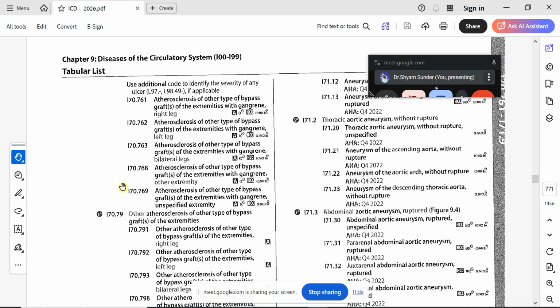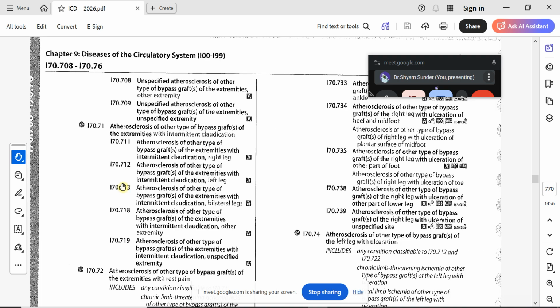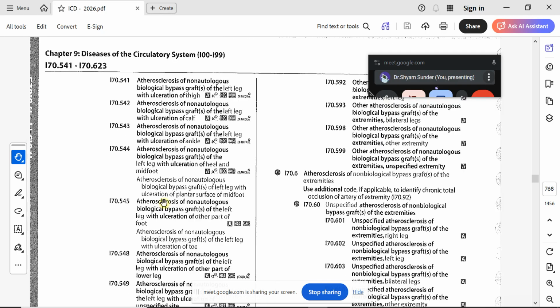Just one category. It is supposed to be not more than one page, but you have 9 pages. It's all talking about atherosclerosis, arteriosclerosis. So yeah, it's the hardest part of cardiology coding, but don't worry, you'll get it.